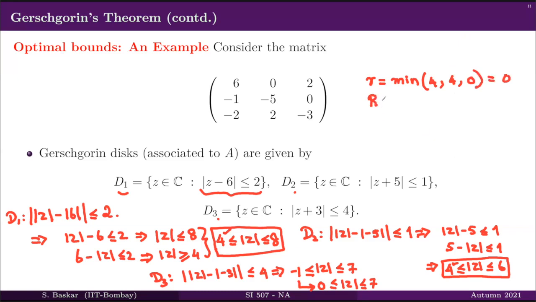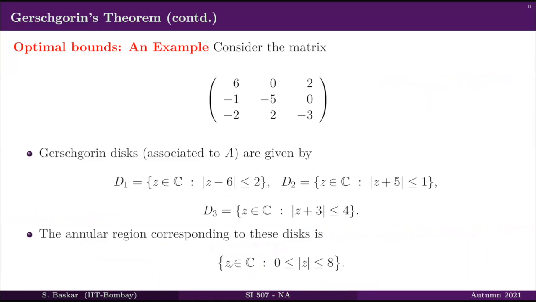And the capital R, which is the upper bound in the annular region, is taken as the maximum of the upper bounds, which happens to be 8 from D1, 6 from D2, and 7 from D3, and that gives us 8. Therefore, the annular region given by the Gerschgorin theorem for the matrix A is the set of all Z in C such that 0 less than or equal to mod Z less than or equal to 8.